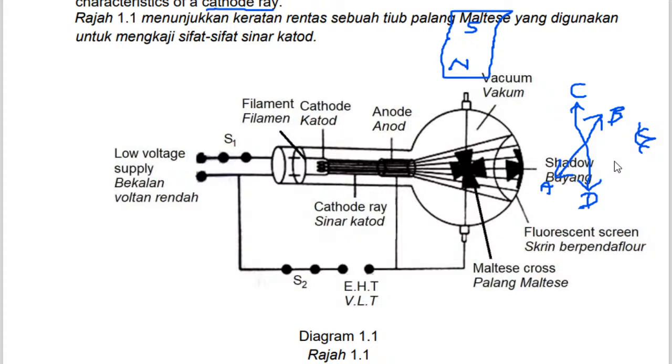Okay, type your answer. If we bring the magnet, just like the diagram that I drew, from the top, which direction will the shadow shift? Can you type your answer as A, B, C, D as what I drew?